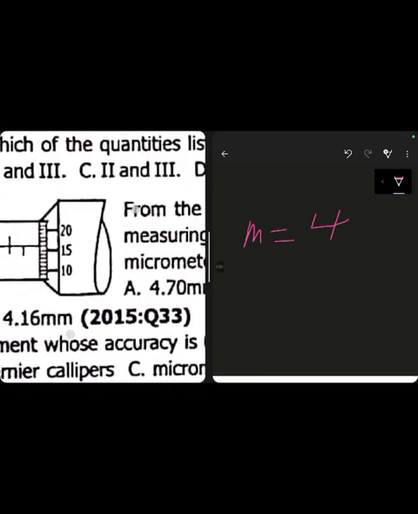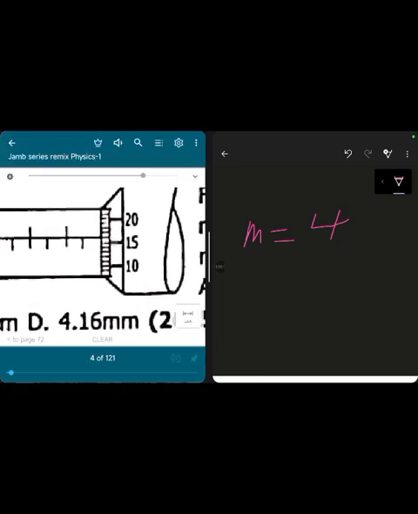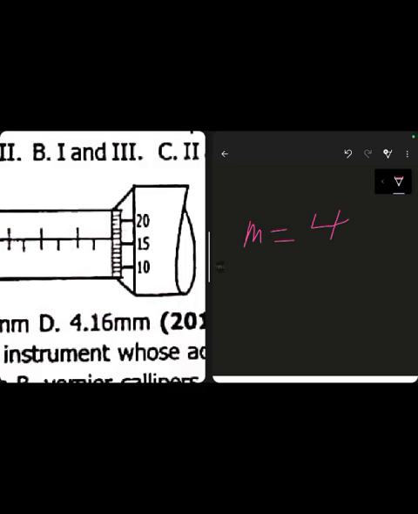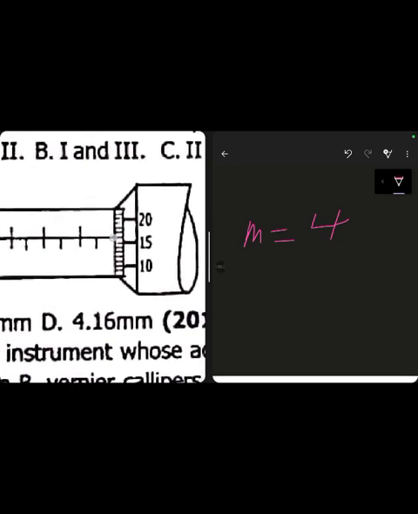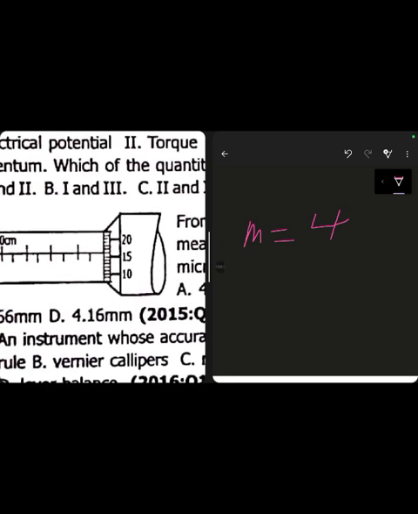Now vernier scale, I have to check where it meets with the main scale. Here is 15. Here it is 16, right? It's 16 that meets with this line from the main scale. 16, 17, 18, 19, 20, right? So which one meets with the line? It is 16. So vernier scale will be 0.16.